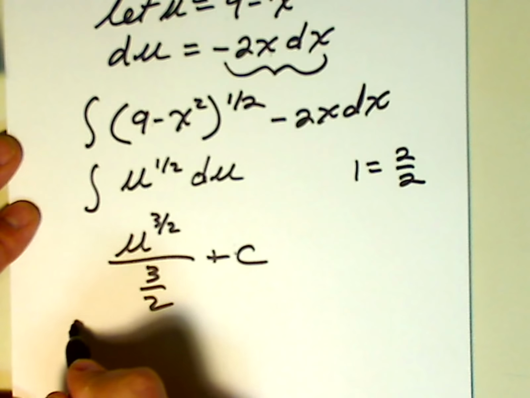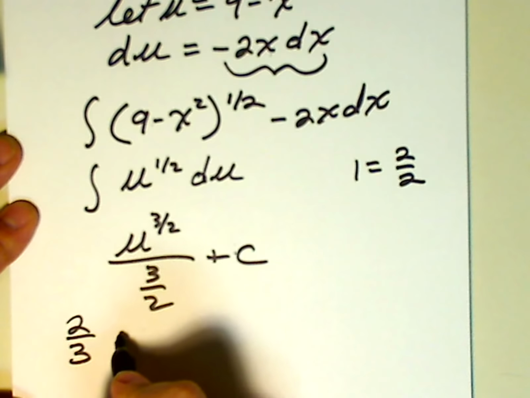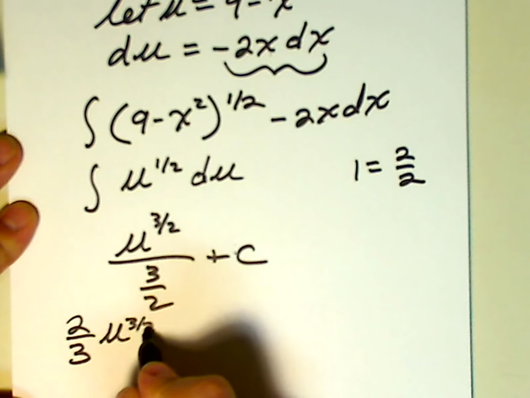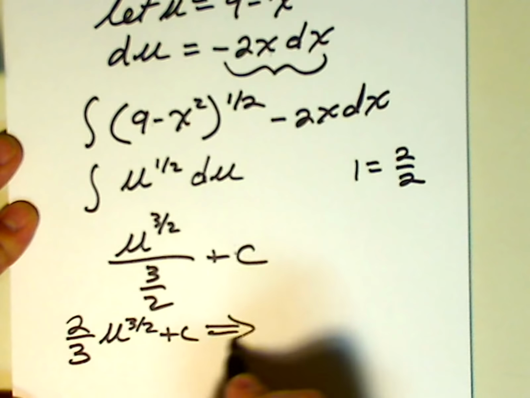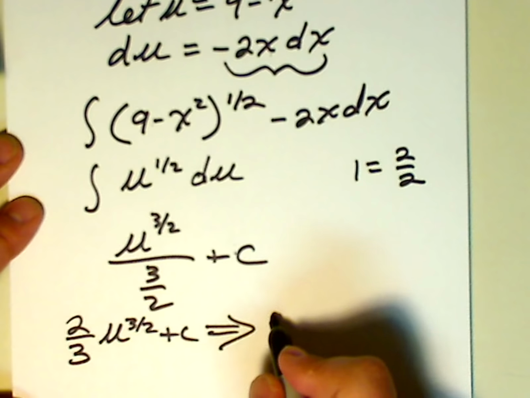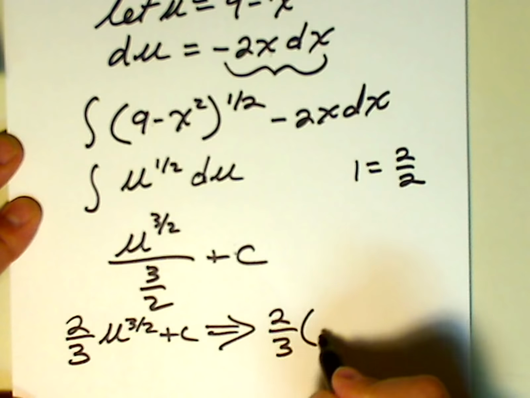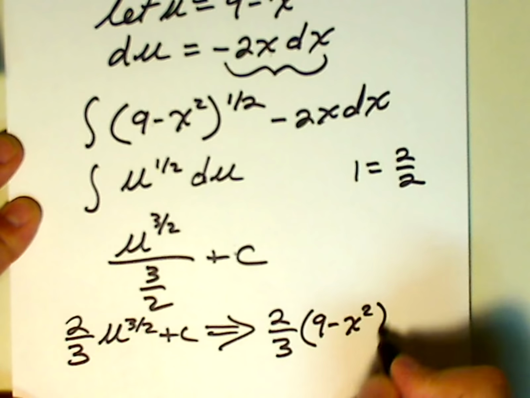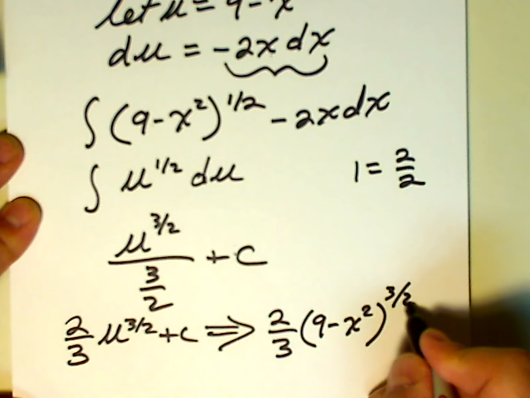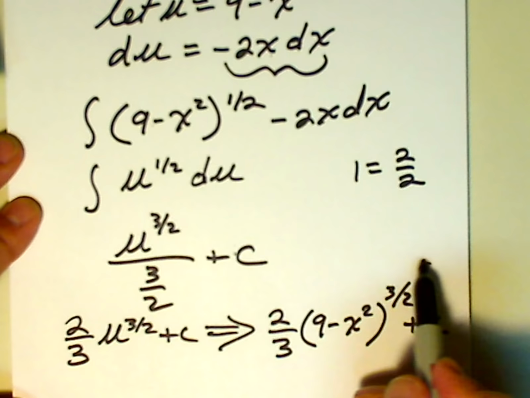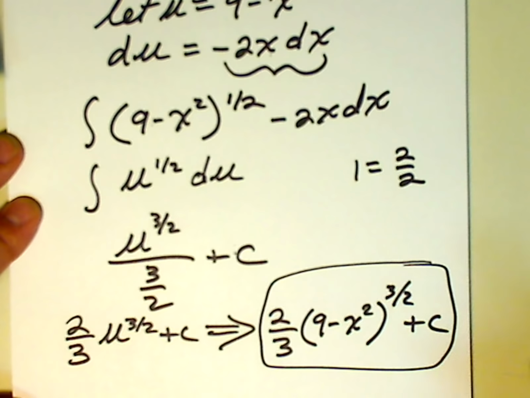So we've got 2/3 u to the 3/2 plus c. And if we back substitute, it becomes 2/3 times (9 minus x squared) to the 3/2 plus c. There's our integral.